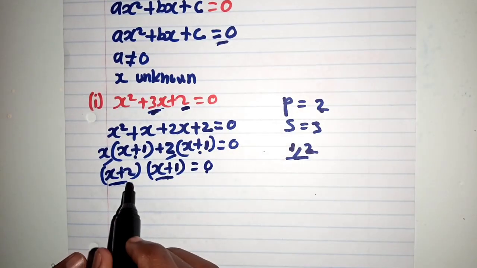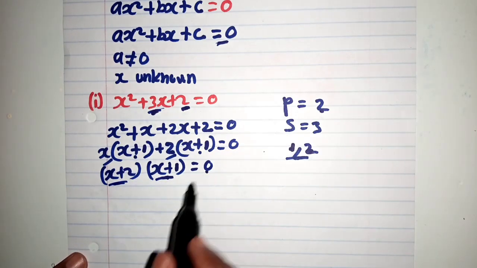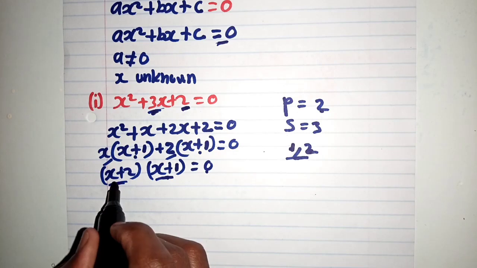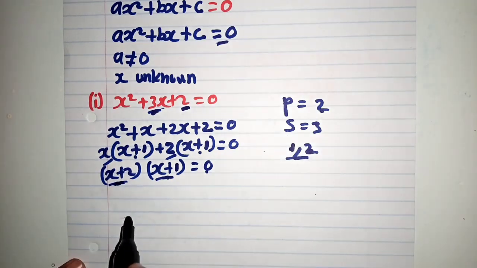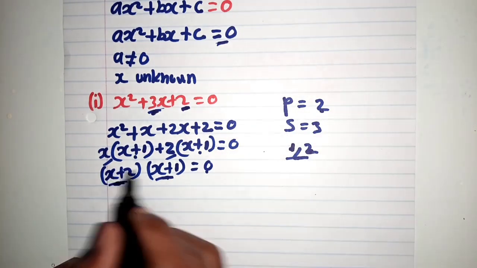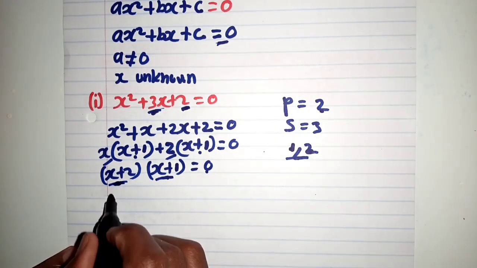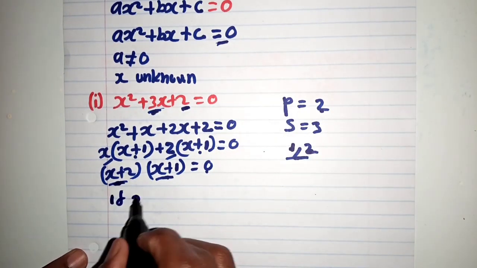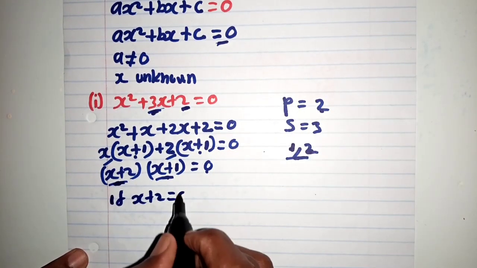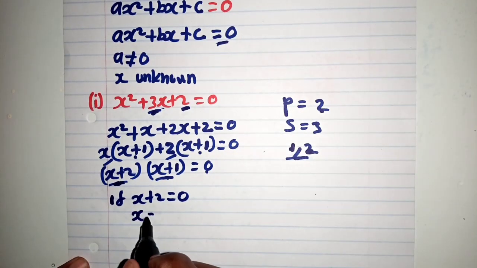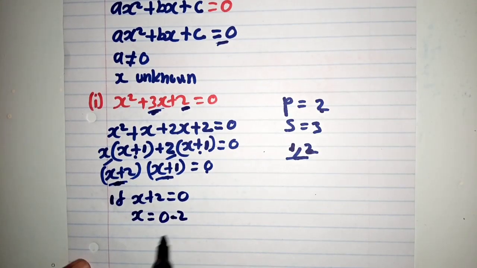Because when you multiply a number by a 0, you get 0. So if this one is 0, what will be the value of x? So let us solve this one first. If x plus 2 is equals to 0, then x is equals to 0 minus 2. So x is equals to minus 2, like that.